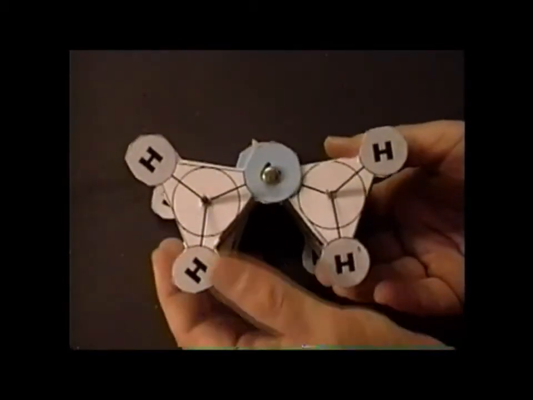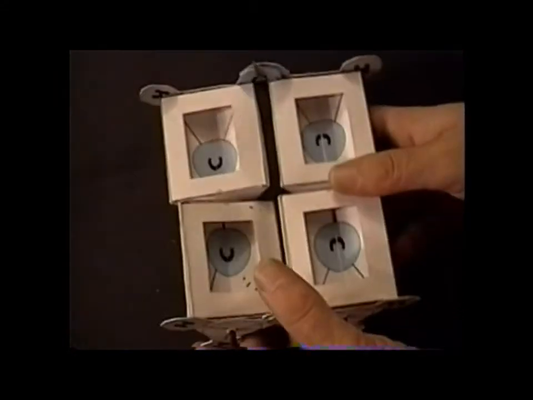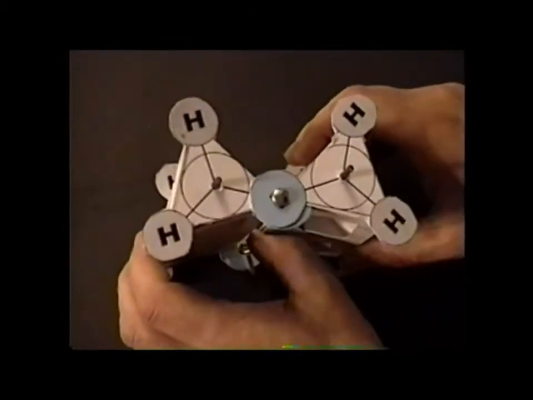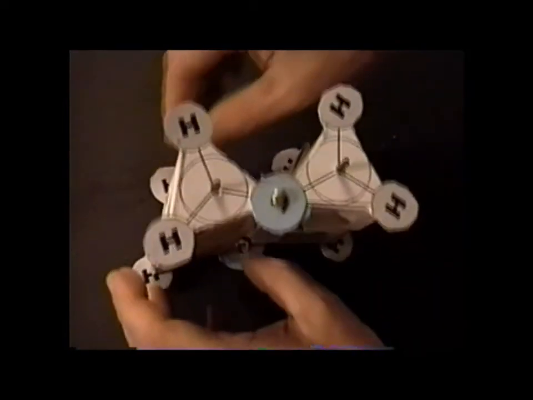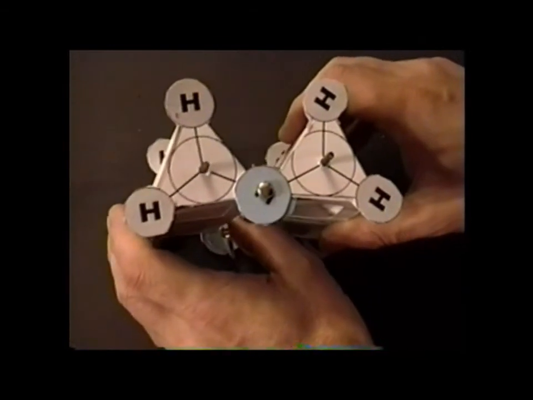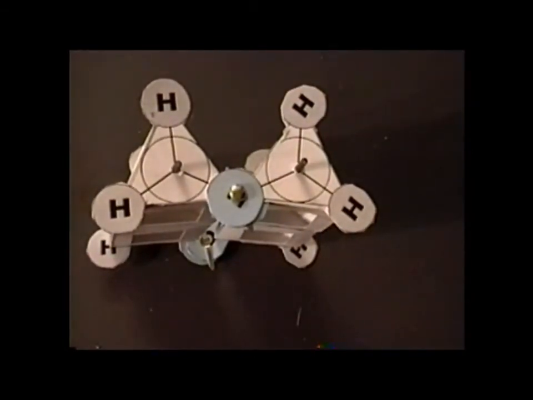So we can go easily back and forth between the boat and chair forms of cyclohexane just by adapting what we had done for our 3-dimensional Newman projections. We can take 2 Newman projection ethylene units, cross-link them with carbons, and we have a very easy and efficient way to interconvert between the chair and boat forms of cyclohexane.